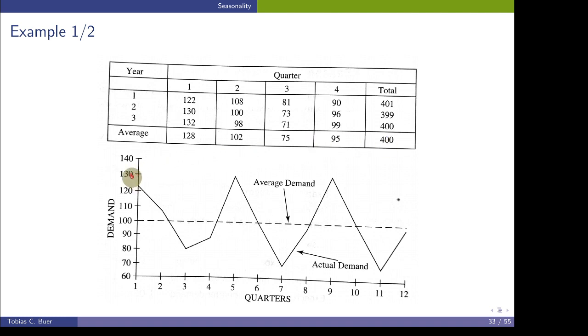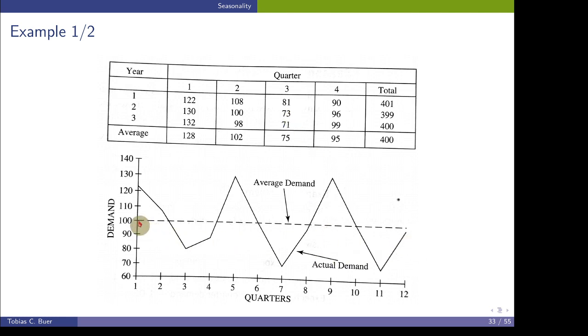In the graph below this table, the demand for each quarter is shown. This point is the demand of quarter 1, quarter 2, quarter 3, quarter 4. Now we get to the fifth quarter, which is 130. We get to quarters number 6 and 7, which is 173, and so on.